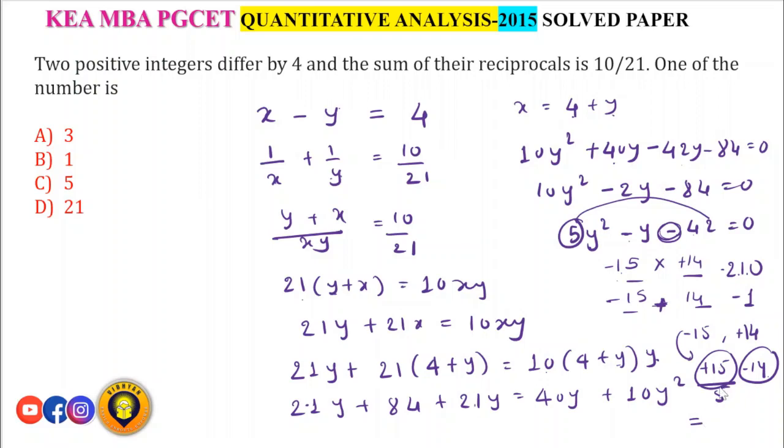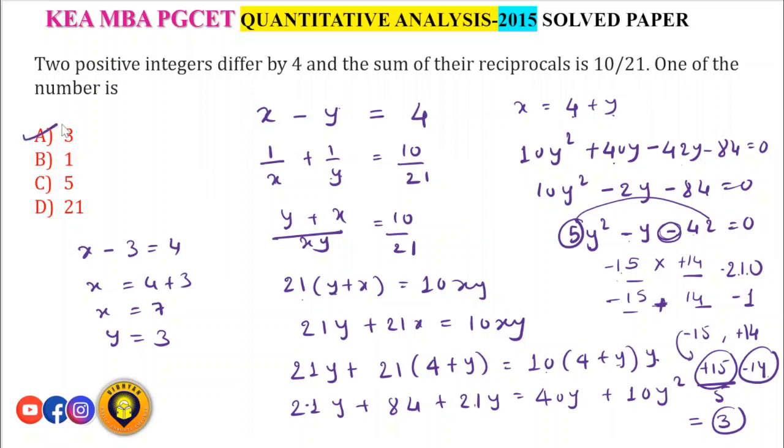On dividing 15 by 5, the y value will be 3 actually. So if y equals 3, x minus 3 equals 4, x equals 4 plus 3, x equals 7. So x is 7, y is 3. One of the numbers is option A, that is 3.